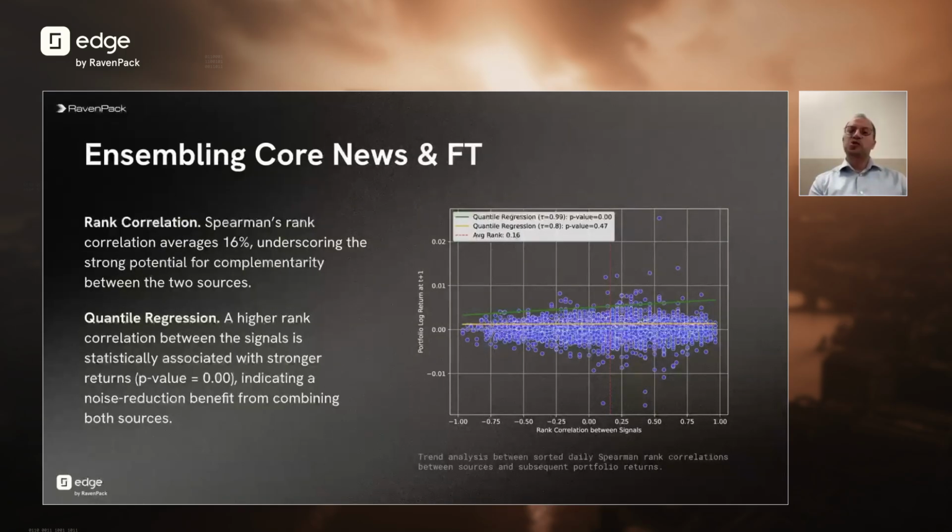But we also see, as we go into more extreme percentiles, in fact here we go all the way to the 99th percentile, that we get a higher correlation, which is strongly statistically significant. So as we see more strong agreement between the rankings, we also see that portfolio returns generally are stronger. And we want to take advantage of that.